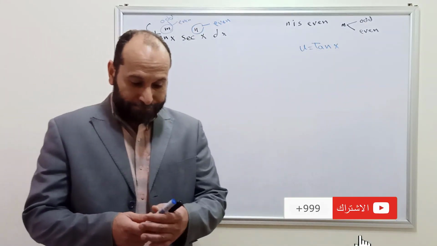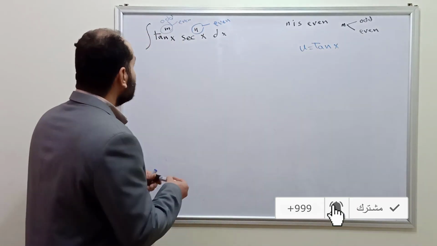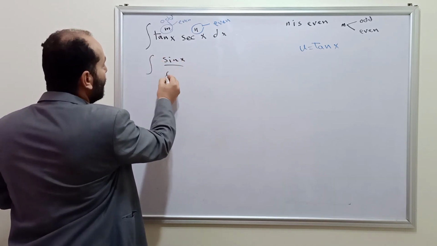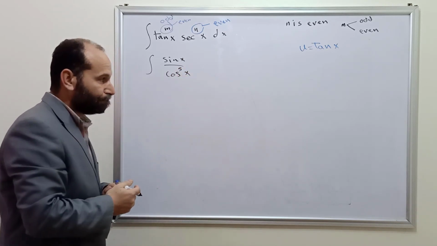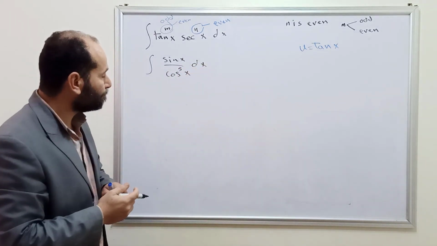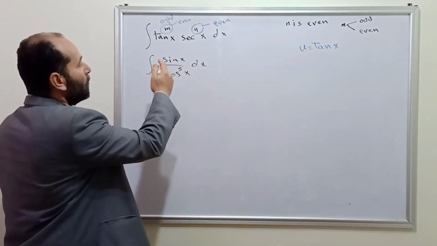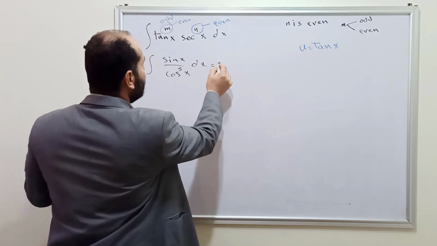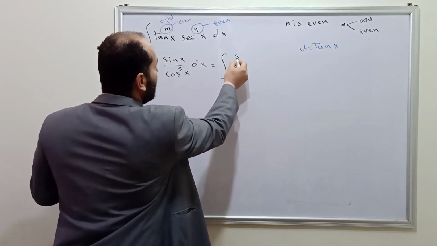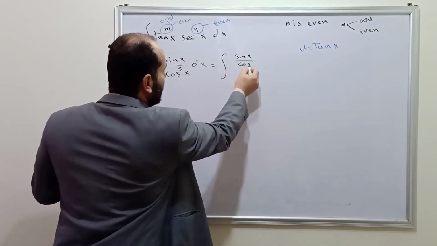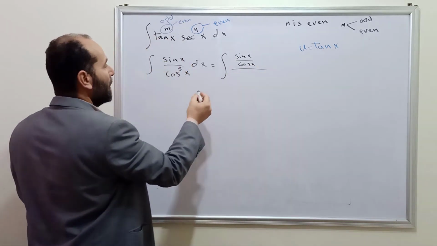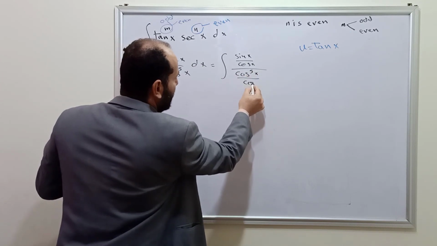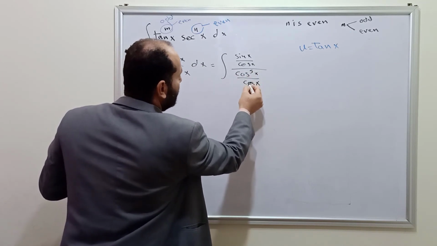Now another example: integration of sin x over cosine power 5 x, dx. We divide the numerator and denominator by cosine x. We get sin x over cosine x in the numerator, and in the denominator cosine power 5 x over cosine x, dx.